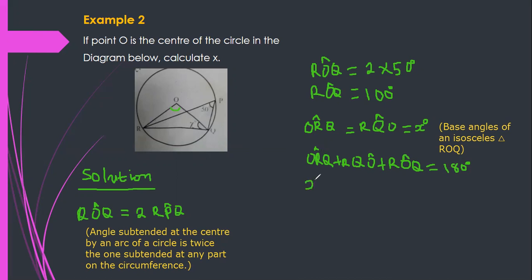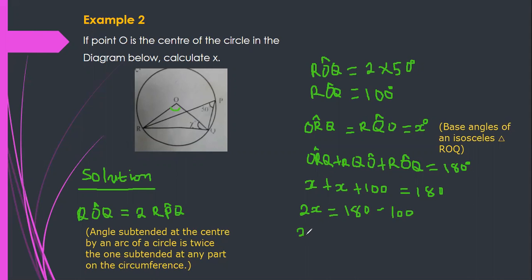So, we say this is x plus x plus ROQ, which we have found to be 100 degrees, equal to 180 degrees. So here we have 2x plus 100 equal to 180. So let's collect the like terms: 2x equal to 180 minus 100.